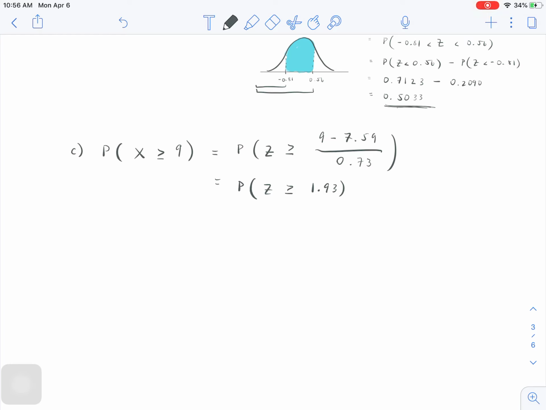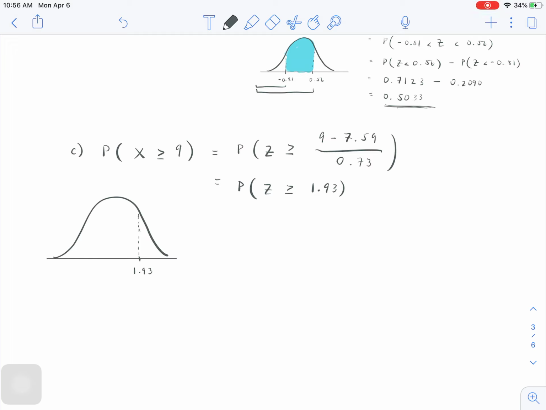Well, my table only gives me areas to the left. But I can remember that the total area under the curve is 1.